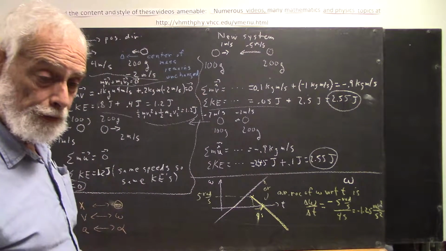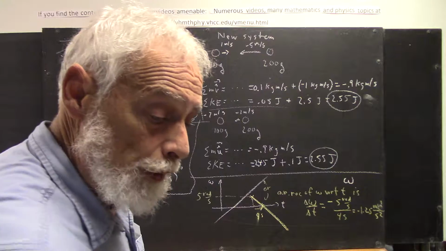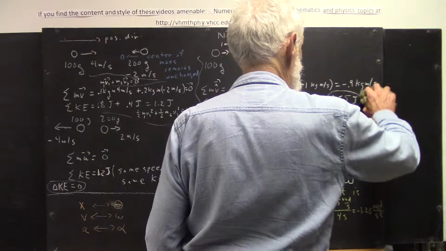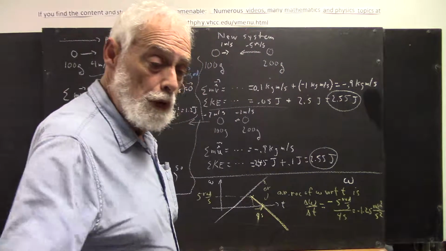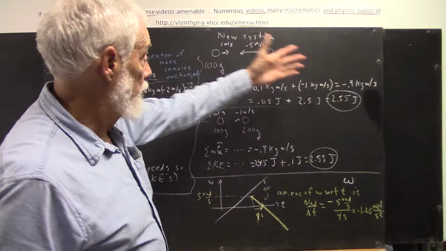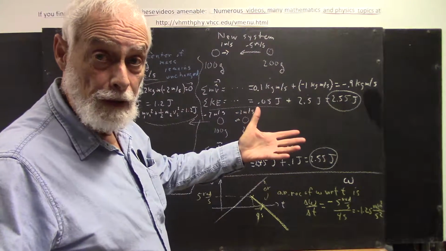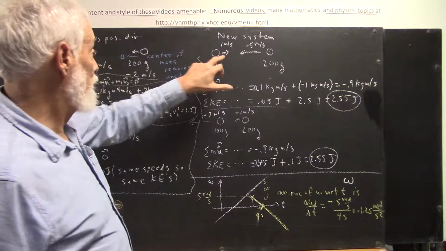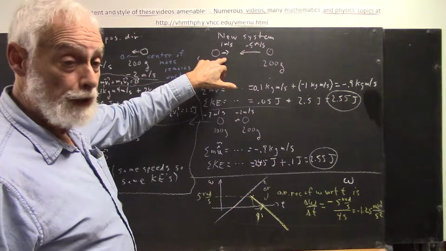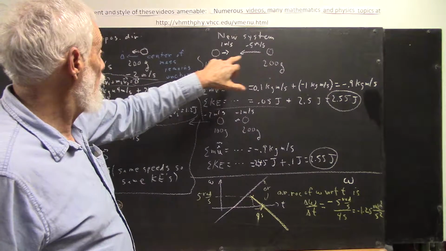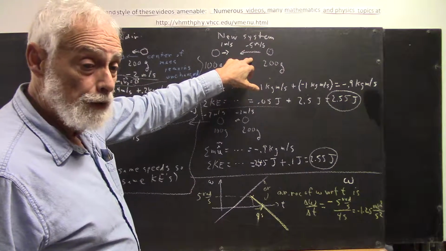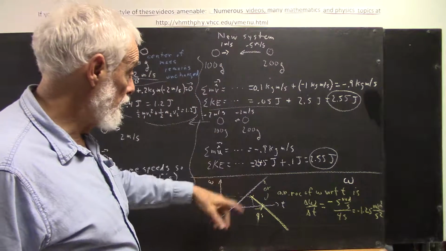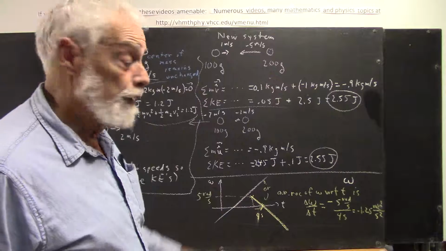Now, it makes sense that the kinetic energy would not be the same as measured from different reference frames. If you were moving past this thing at 100 meters per second, you'd have very big velocities here, negative 96 meters per second here and negative 102 meters per second here. Square those, multiply by the mass, take 1/2, and you're going to get much bigger kinetic energies.